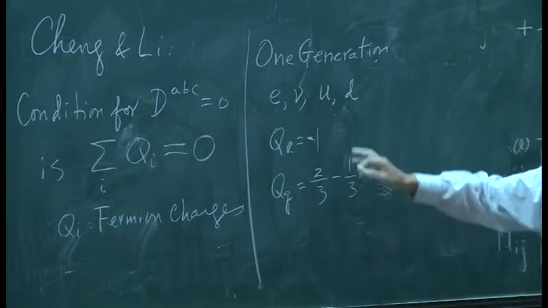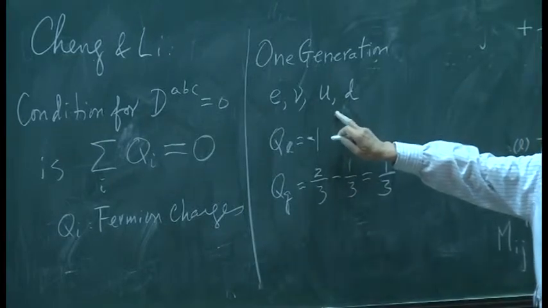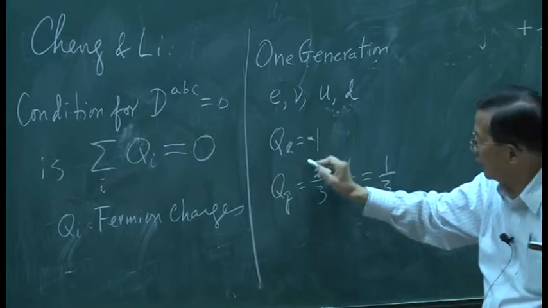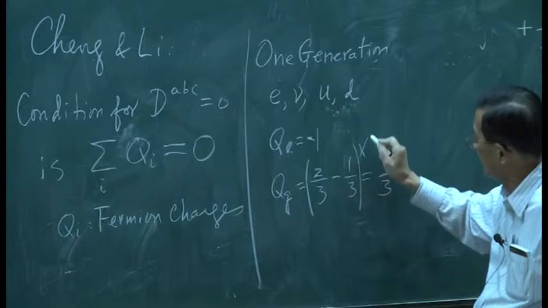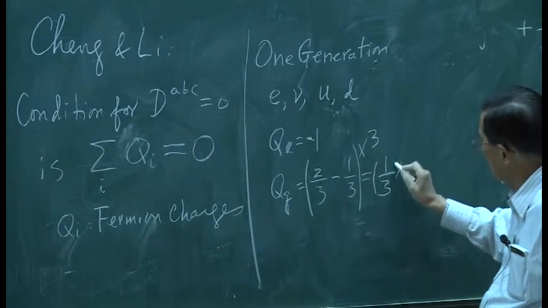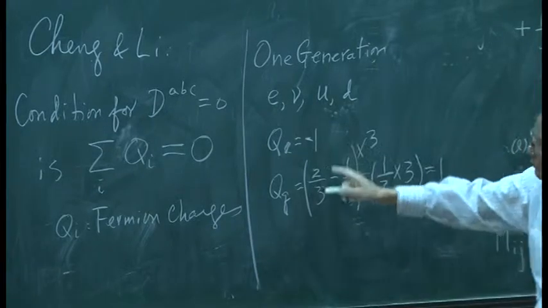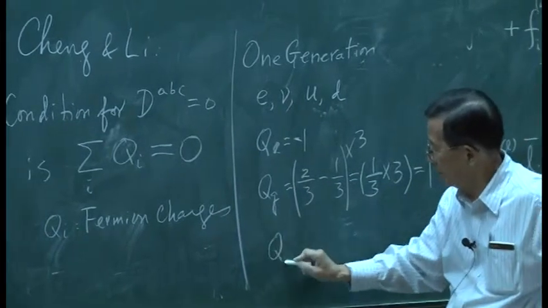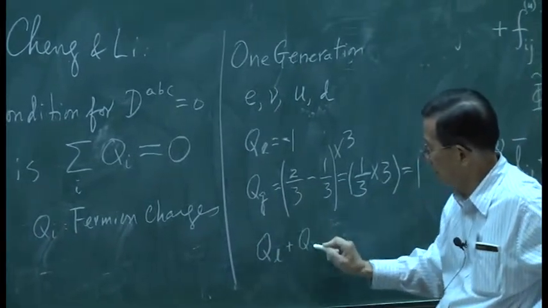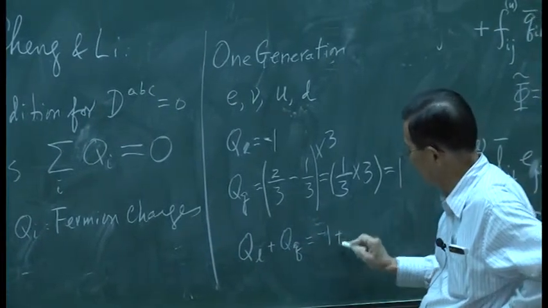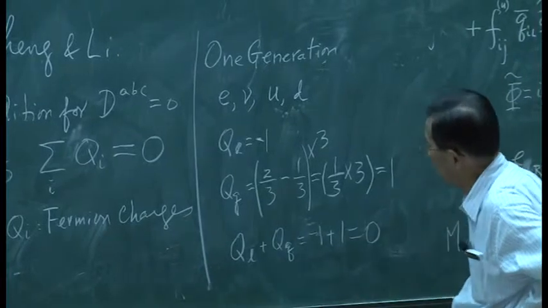But you remember, we have a color quantum number, so there are 3 colors for each of them. So we have to multiply this by 3, and that equals 1. So Q_leptons plus Q_quarks equals -1 plus 1 equals 0.